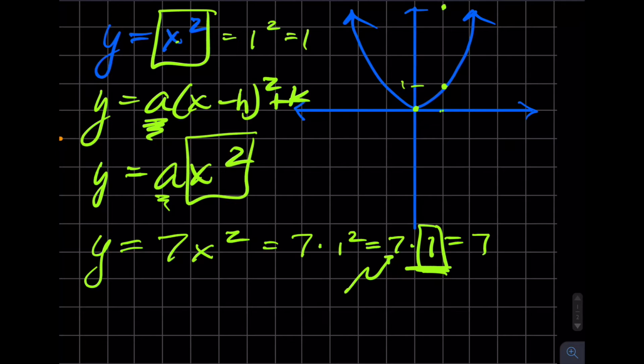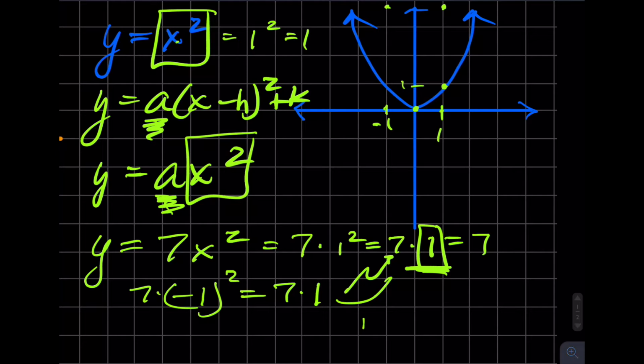And if I put negative 1 in there, I'm going to get negative 1 squared times 7, which is 7 times 1, again, same value. So over here at negative 1, I'm shooting off the screen again. If you've heard me talk before, I think of this a value as dictating how quickly or how slowly I go up or down the y-axis.